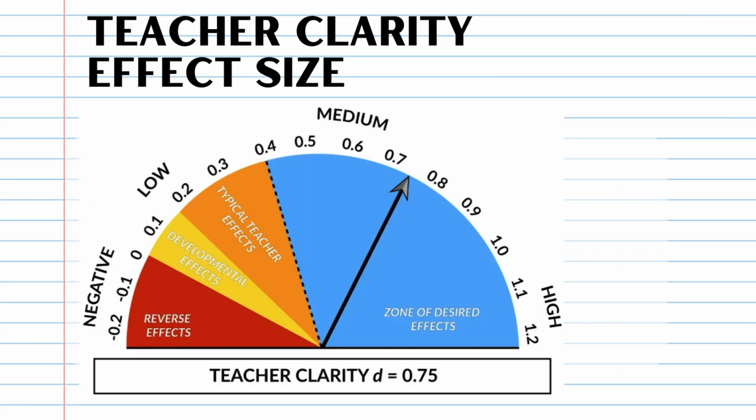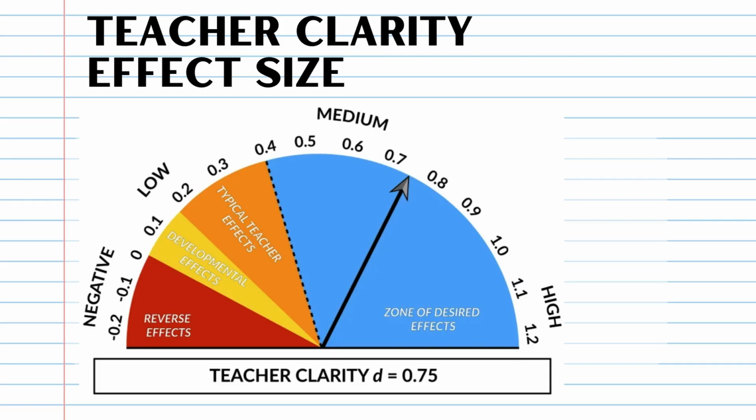According to John Hattie, teacher clarity has an effect size of 0.75. John Hattie's research identifies that an instructional strategy with an effect size of 0.4 or higher will demonstrate or at least indicate 1 year of growth in terms of students' outcomes.